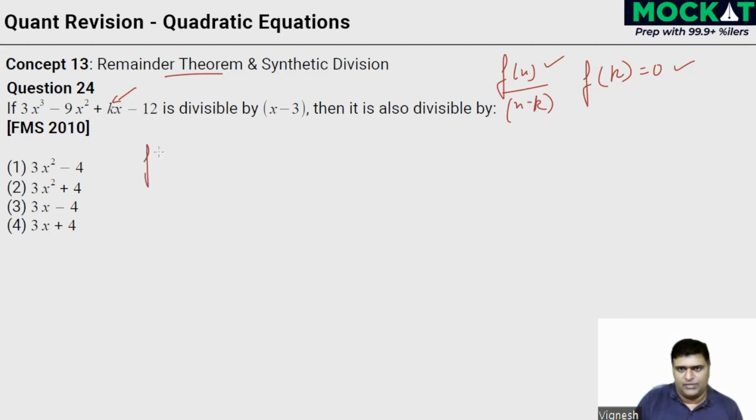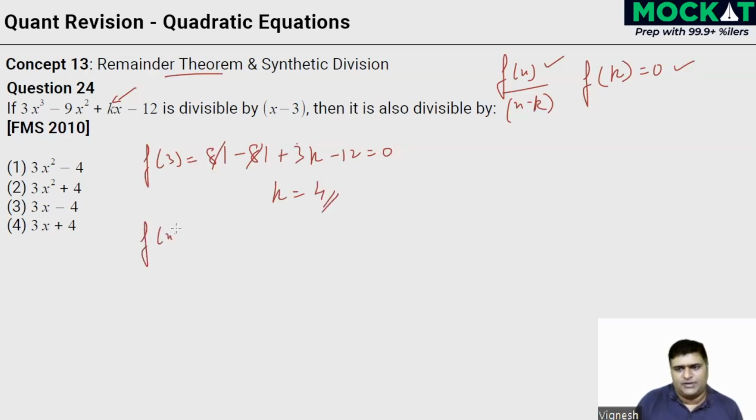So if I substitute 3, what am I getting? f of 3 is going to be 3 into 3 cube, 81, minus 9 into 3 square, 81, plus k into 3, 3k, minus 12 equals 0. Then we get k equals 12 by 3, which is 4.